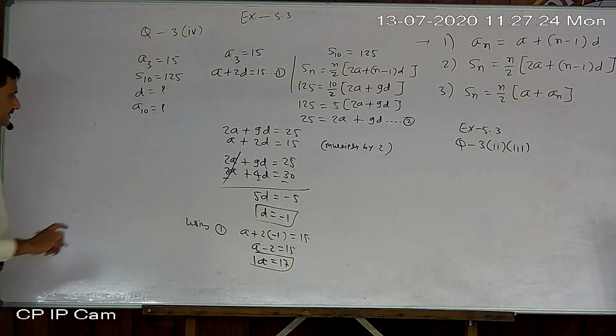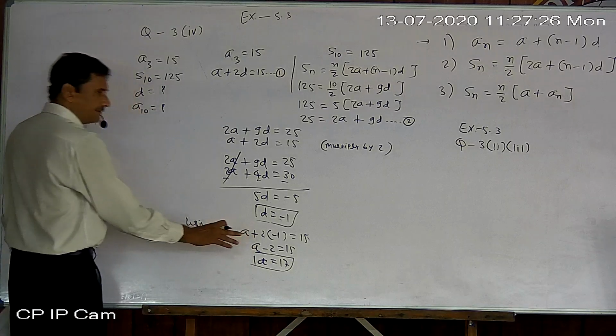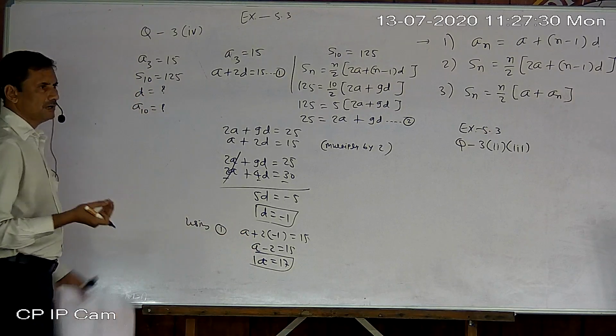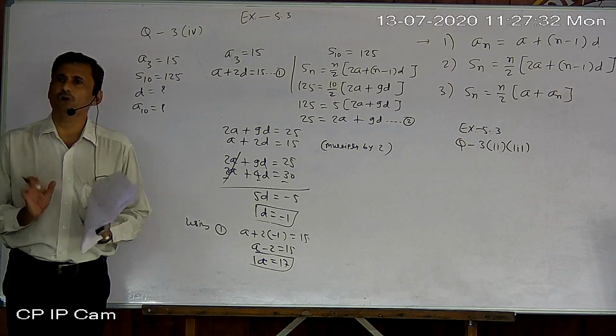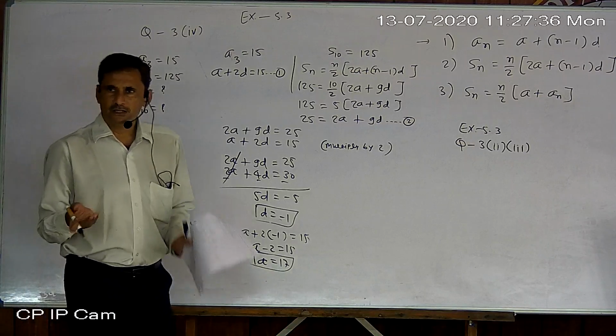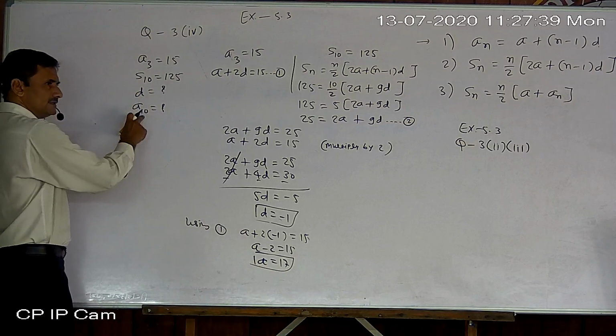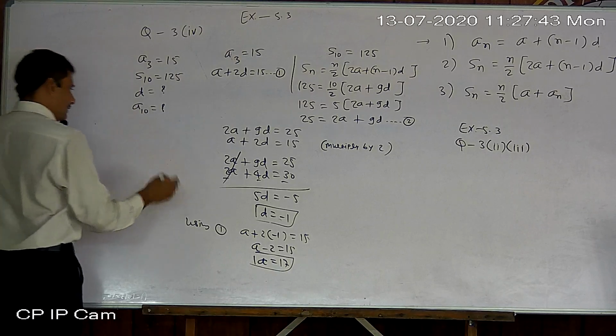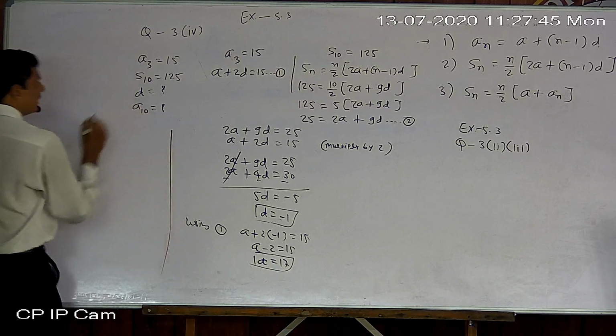That is the first answer. A is required, not asked but required. Now you can find anything. If you are having a and d, and n is given, whenever they ask for a particular term, it means n is given. So now just find a10.